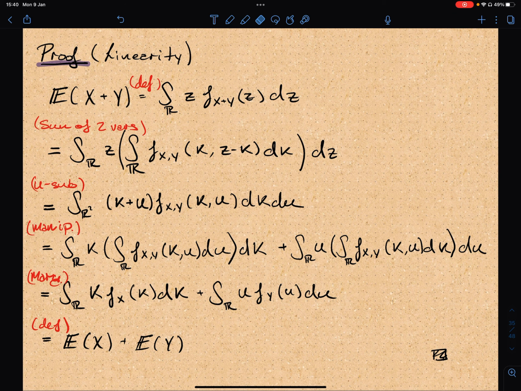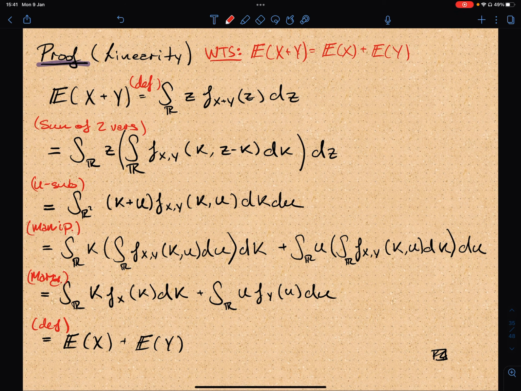So let's go step by step. Again, what I want to show, as a reminder from the previous lecture, is that the expected value of X plus Y is equal to the expected value of X plus the expected value of Y.